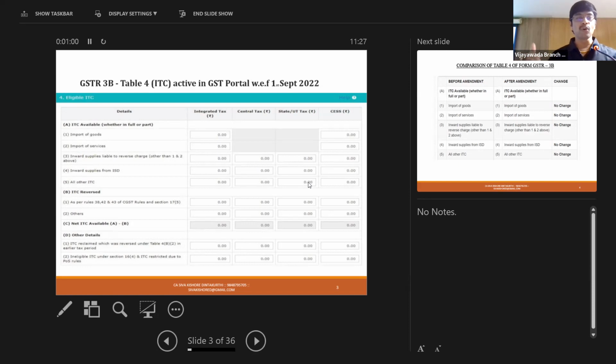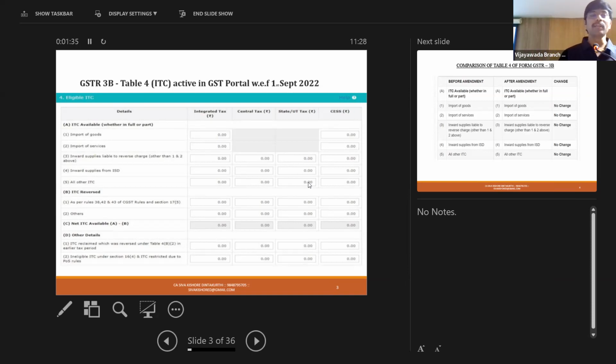So 4A1 to 4A5, all other ITC. 4A1, import of goods. 4A2, import of services, it will not auto-populate as you are required to manually punch it. 4A3, inward supplies liable to reverse charge. 4A4, inward supplies from ISD. 4A5, all other ITC. ITC reversed.